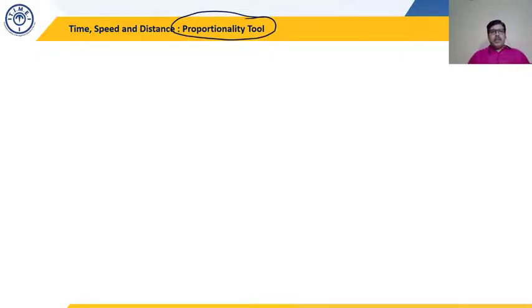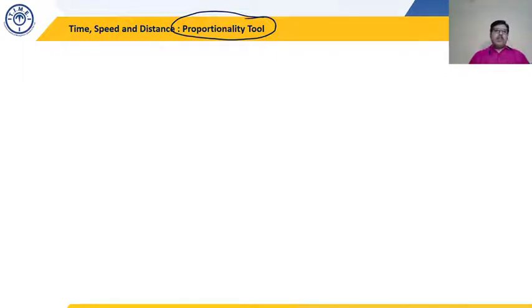If you are sound in proportion, ratio, proportion and variation, you can solve all questions of time, speed and distance in quick possible time. You must be aware of direct variation and inverse variation. So I'm going to use the concept of proportionality tool in this chapter very frequently.